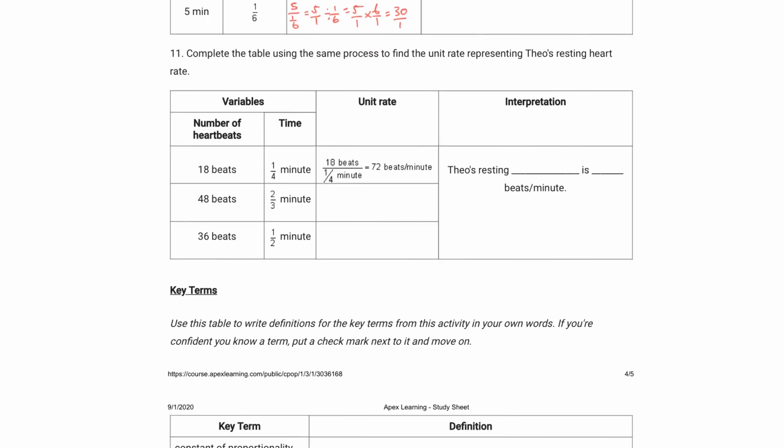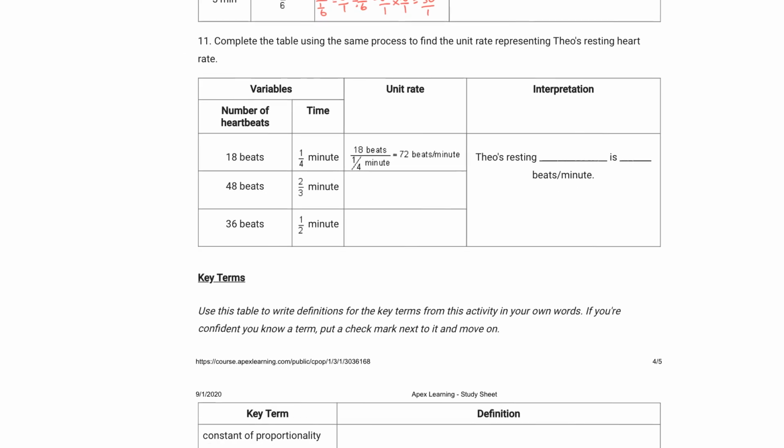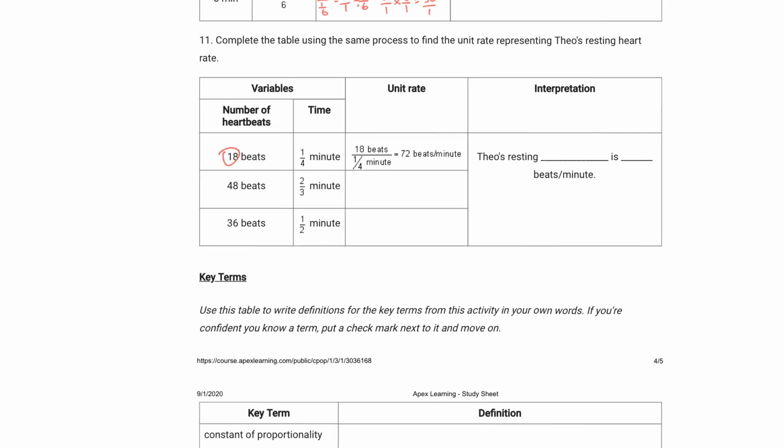And let's do this one too. So we get 72 when we take 18 divided by a fourth. Let's see, 48 divided by 2/3 is 48 over 1 times 3 over 2, and I could cross cancel here.